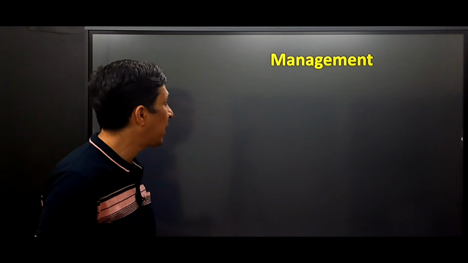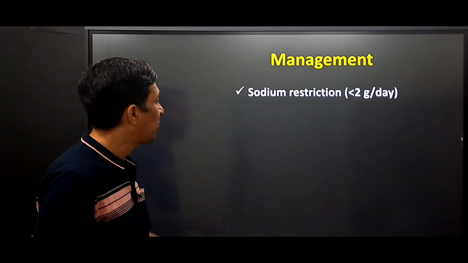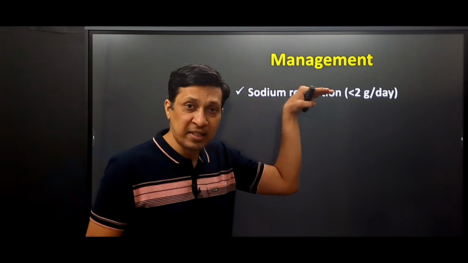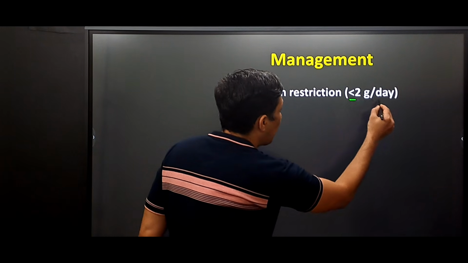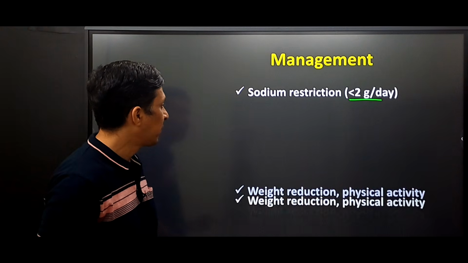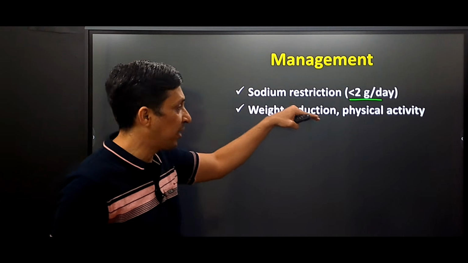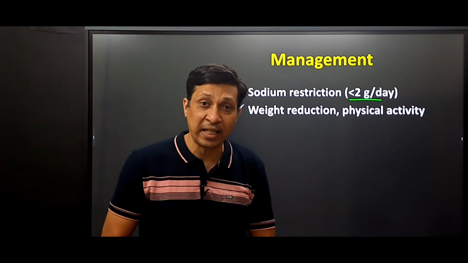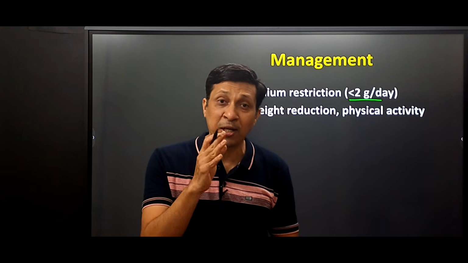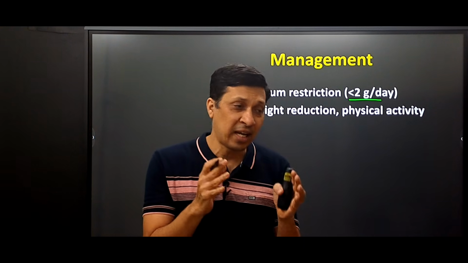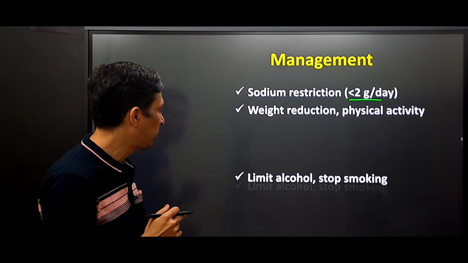So, in the first part, what can we do? First, ask the patient to restrict sodium intake in the diet. It should be less than 2 grams per day. Then there should be weight reduction and increased physical activity. Remember, our patient was an obese patient and IT professional with a sedentary lifestyle. That has to be changed.